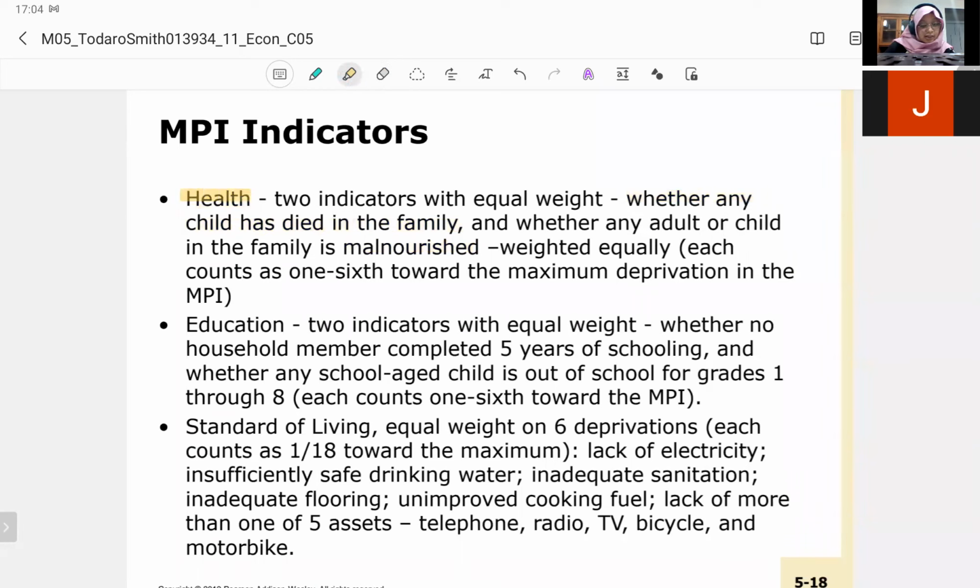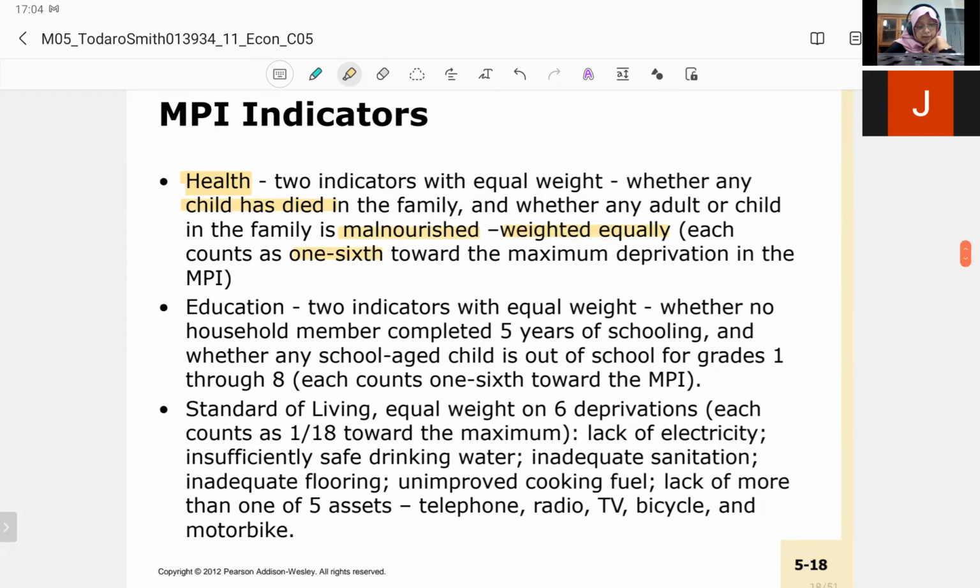For the health indicators, there are two indicators with equal weight. The first one is whether any child has died in the family, and then whether any adult or child in the family is malnourished. They will be weighted equally, each counting as 1/6 toward the maximum deprivation in the MPI.